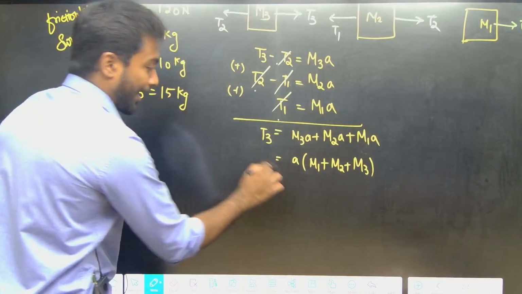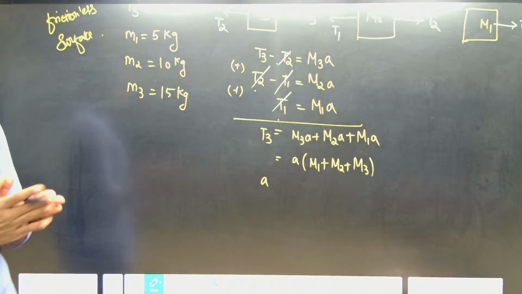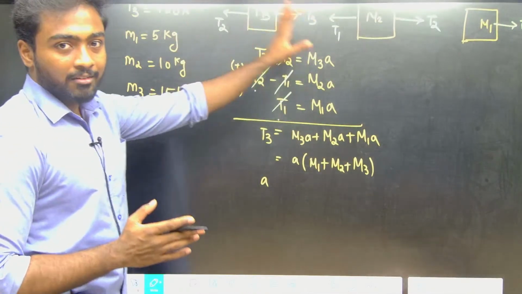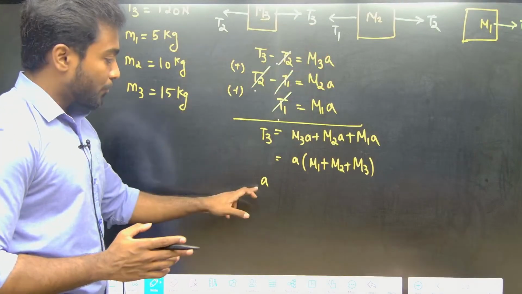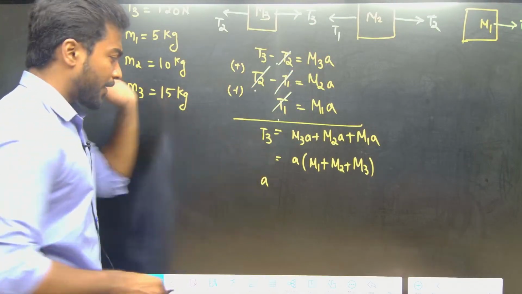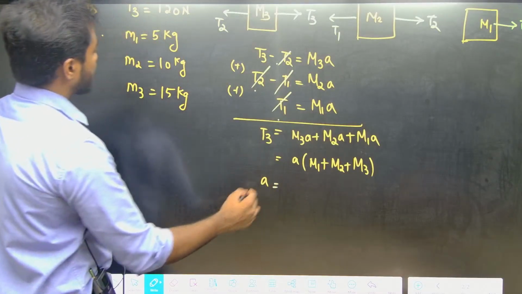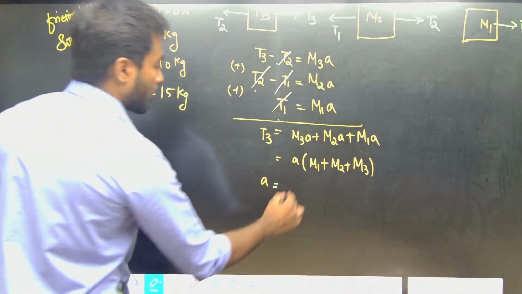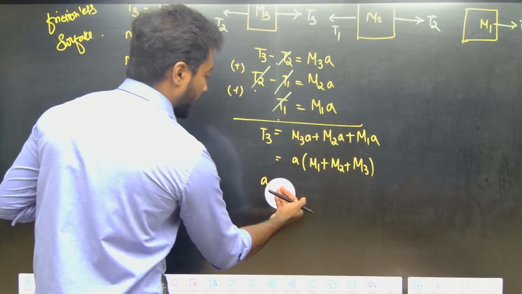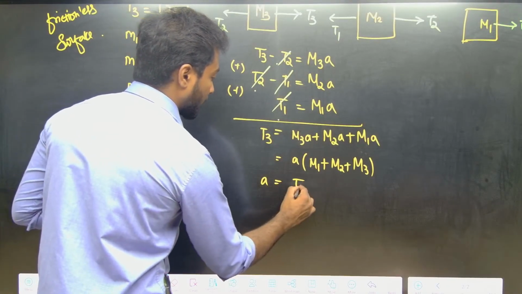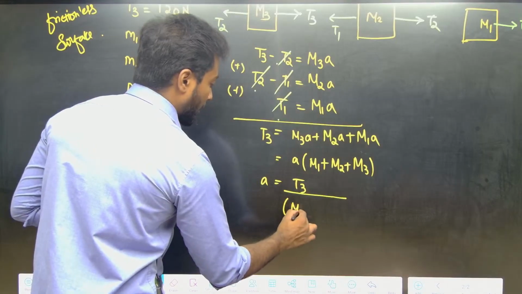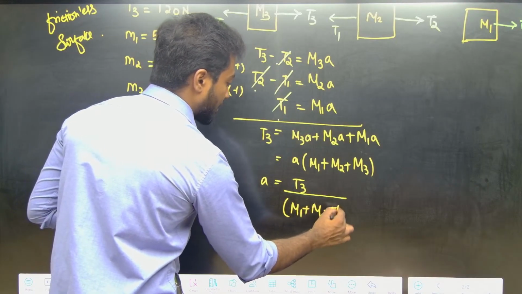So I need to find acceleration, then only I can find the tensions, right? I need to find the acceleration first, which I can find easily. So A should be equal to T3 divided by M1 plus M2 plus M3.